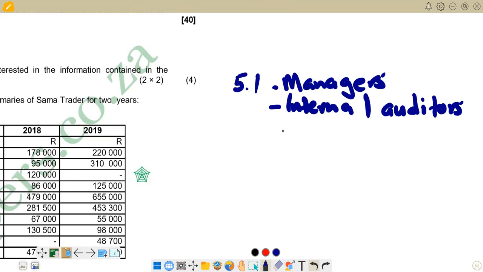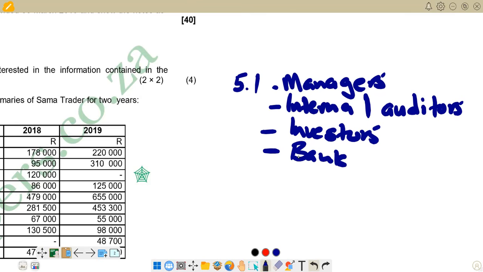We can also have investors, who also use this financial information. They also require to see these financial statements. Investors want to see whether they can invest in a business in terms of buying shares. Also, we have banks in the form of financial institutions.